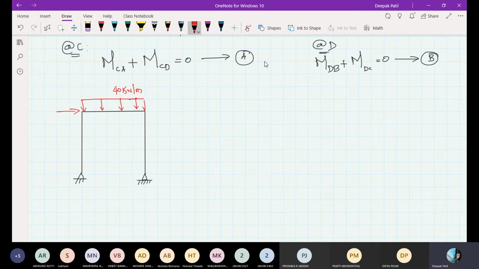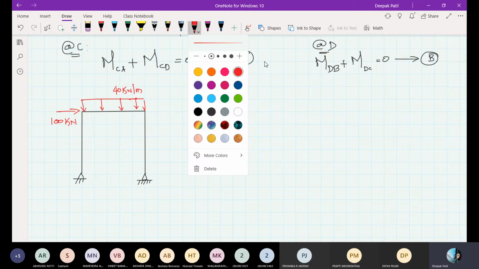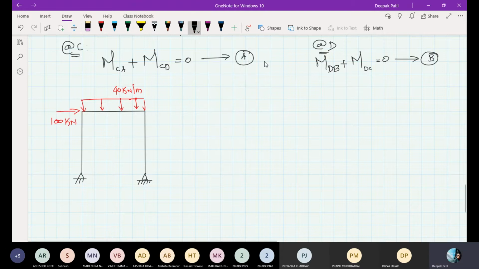And here I have a point load, which is 100 kilonewton. So this is point A, B, C, and D. If I am correct, this is 5 meters, 7 meters, and 7 meters.